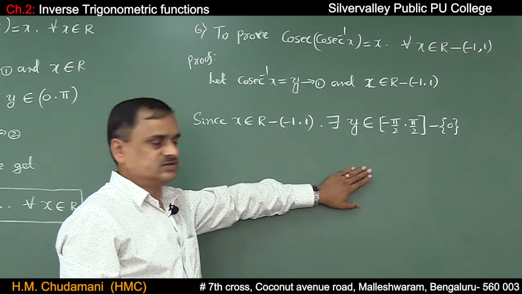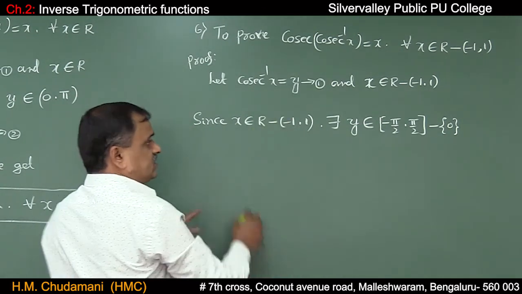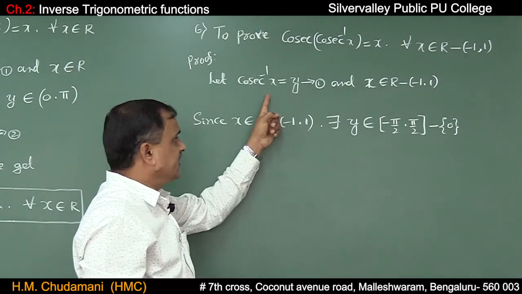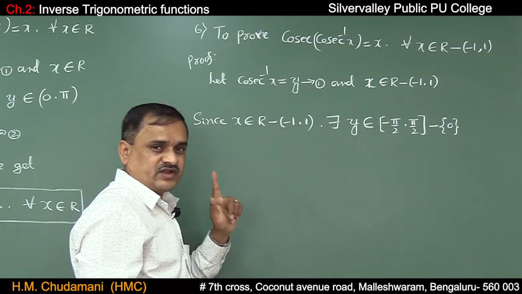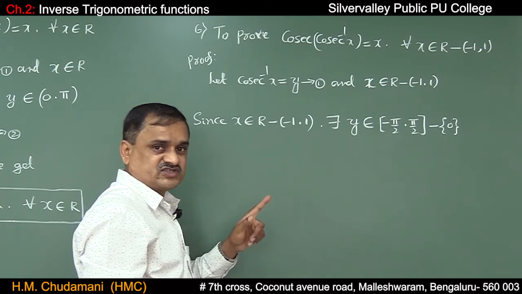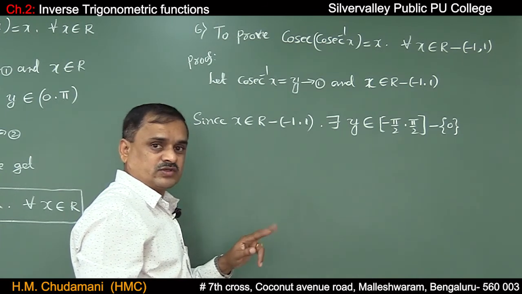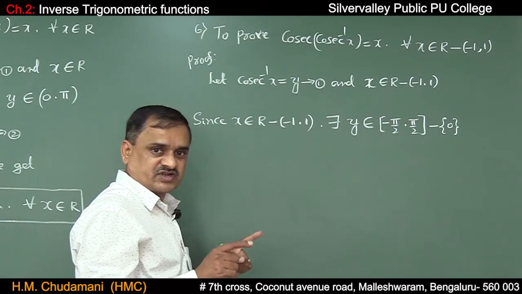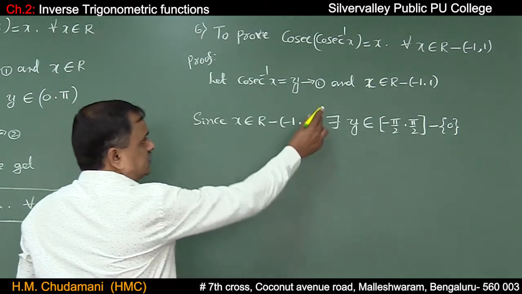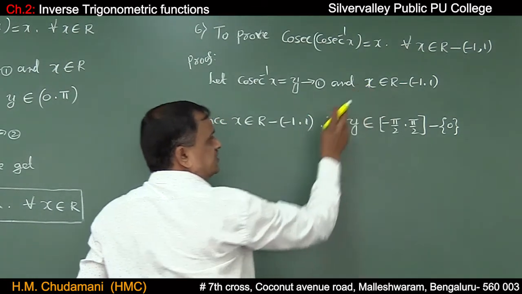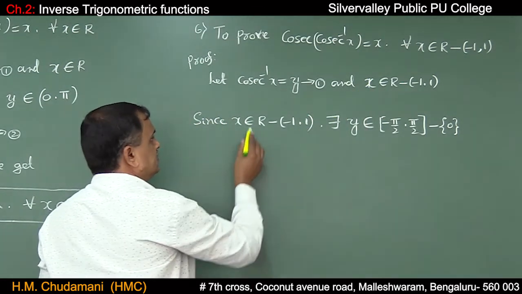Okay friends, if you want to write this as x equals cosecant y, the inverse should exist. When the inverse exists, it should be both one-one and onto. So you need to restrict the domain of the function, right? That's why you need to write the range and domain.